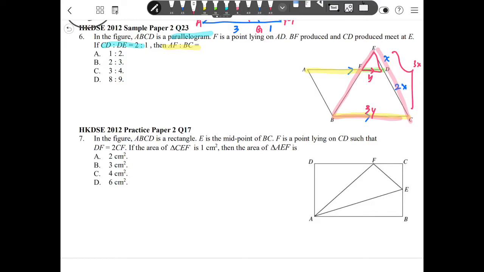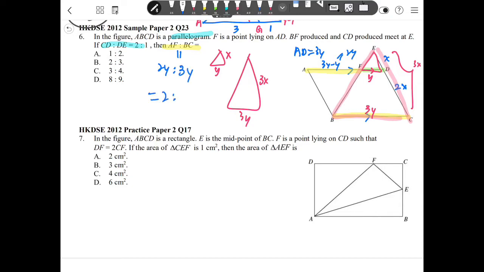And if we know similar triangles, 1x to 3x, and this length would be y to 3y, then if it is a parallelogram, the entire length for AD would also be 3y. So this yellow line would be 3y minus y, which is 2y. Then AF is 2y to BF, which is 3y. Then it means a 2 to 3 ratio. Then the answer would be B.